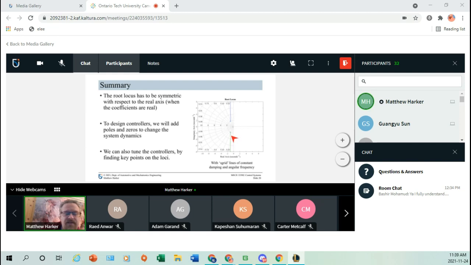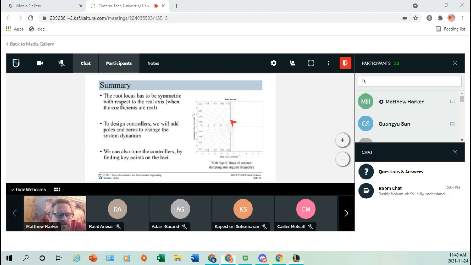That says we can really design the behavior of the system. It's just a question of whether there is a point on this locus that satisfies our design criteria. So it gives us a graphical tool for pole placement.